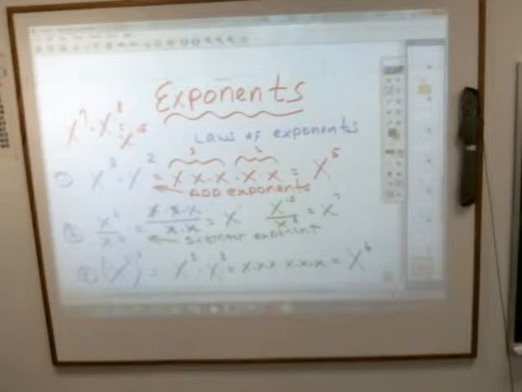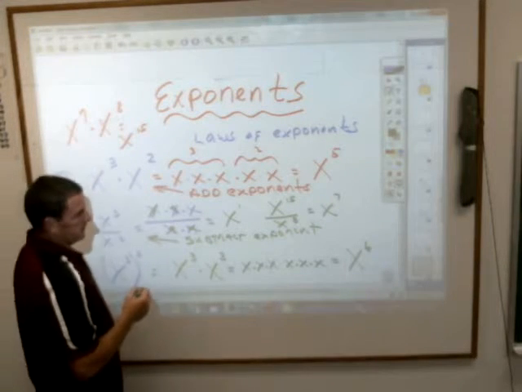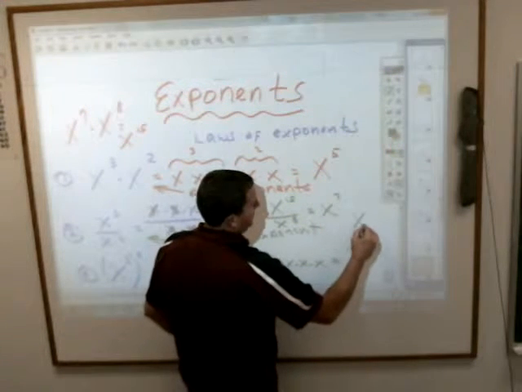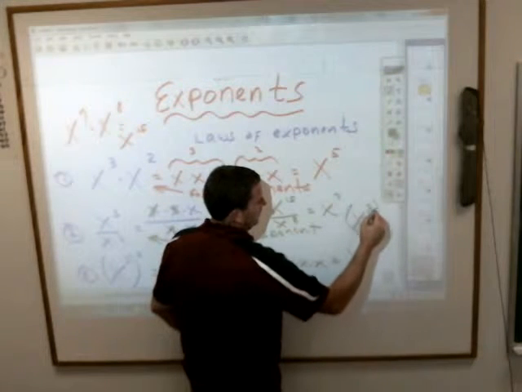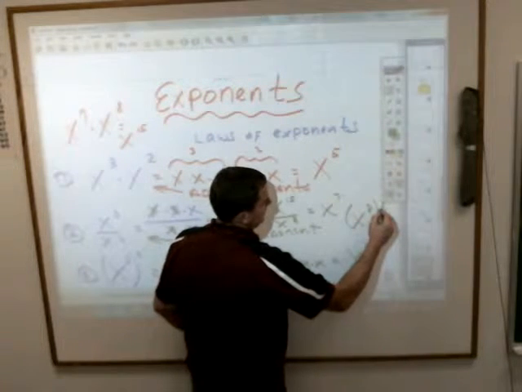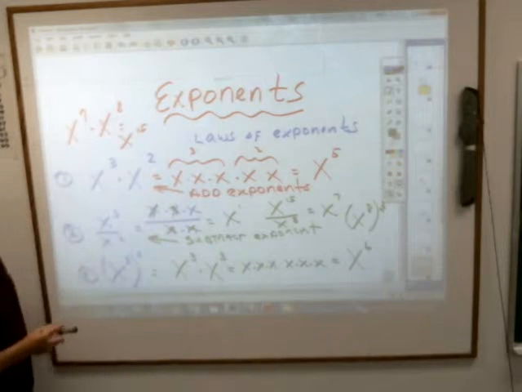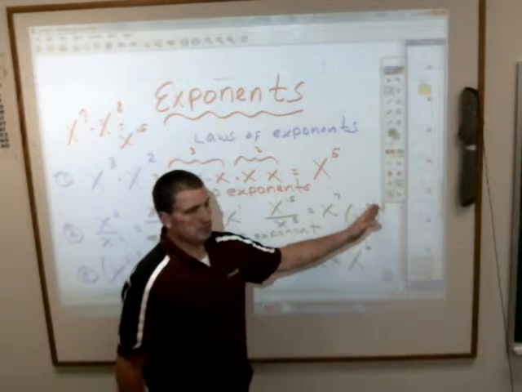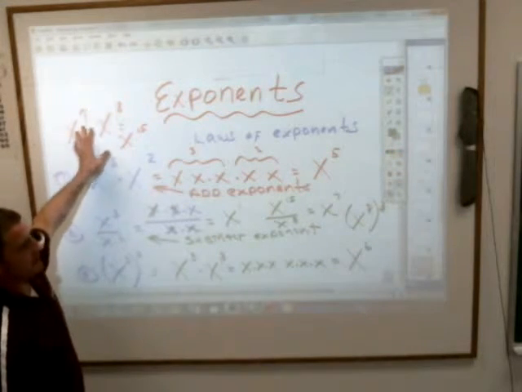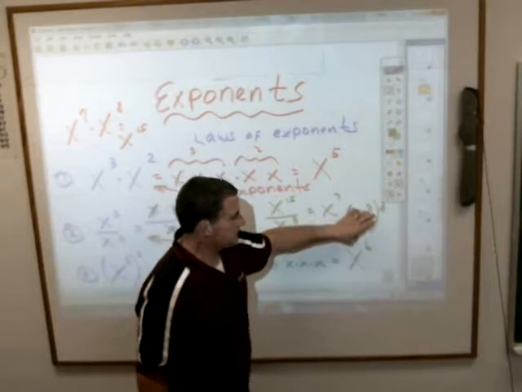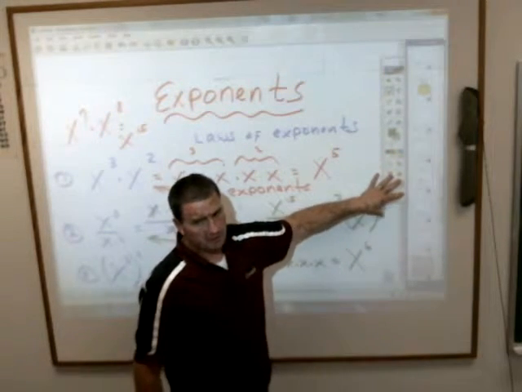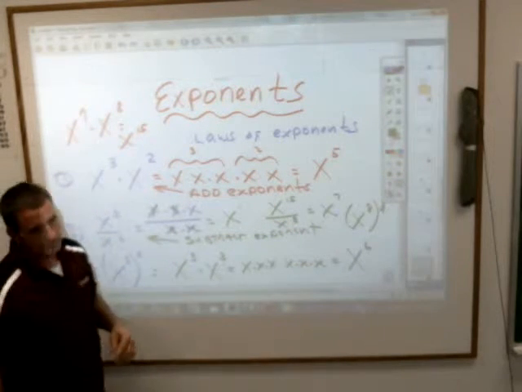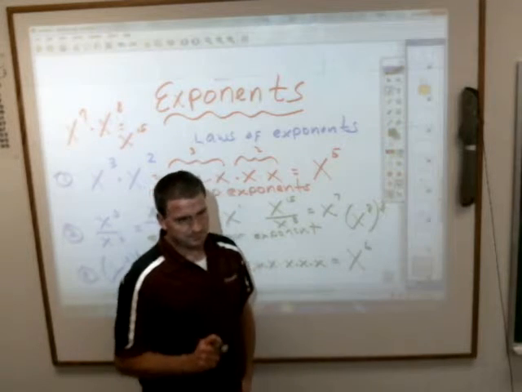Now let me give you another thought-provoking one here. I wish I had some more room, but I ran out. What if it was x to the eighth to the third power? Now notice these exponents are right next to each other. People get that confused with this. I didn't say x to the eighth times x to the third. It's x to the eighth to the third power. Ashley said x to the 11th, but it is not x to the 11th.